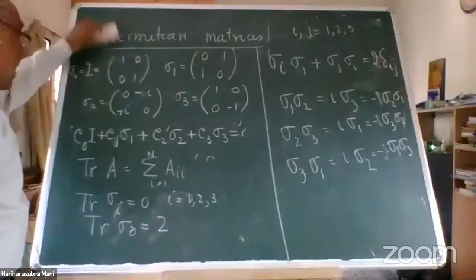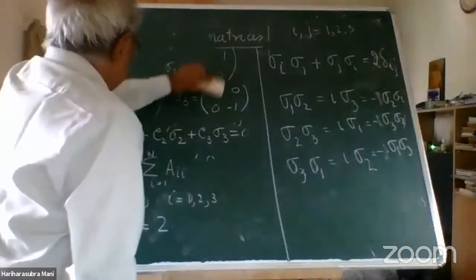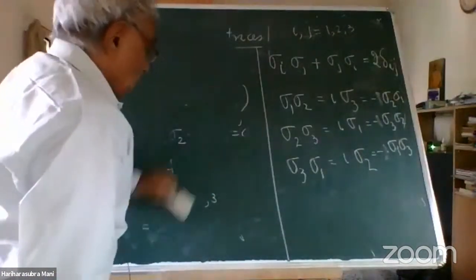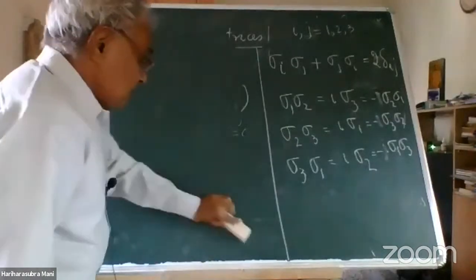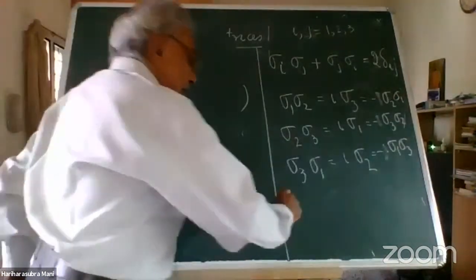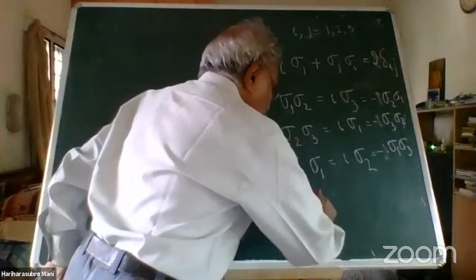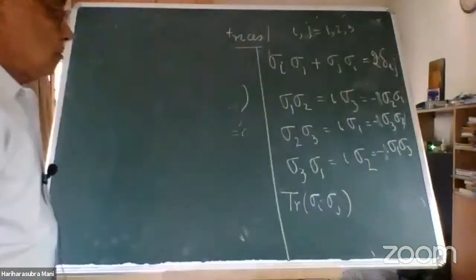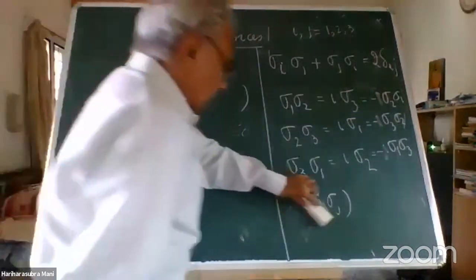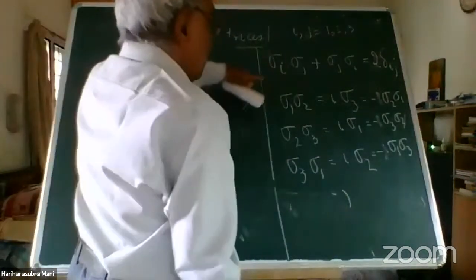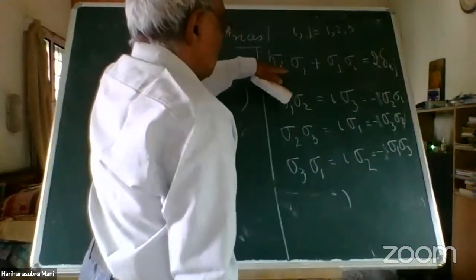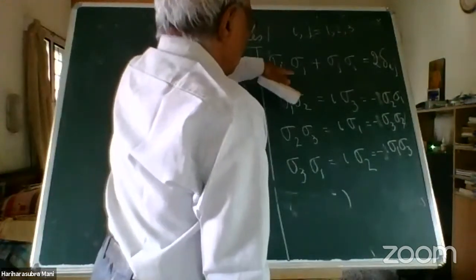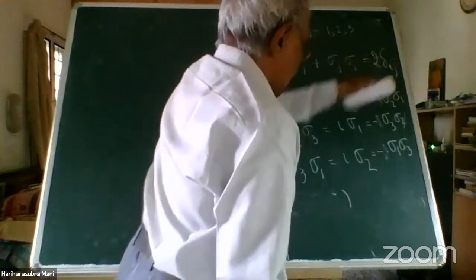Okay. So now take the Hermitian matrix. Oh, now one more thing here. Trace of sigma i sigma j. Let me also write that down, coming from here. If i is equal to j, supposing i equal to j equal to 1, this is sigma 1 squared plus sigma 1 squared equal to 2.